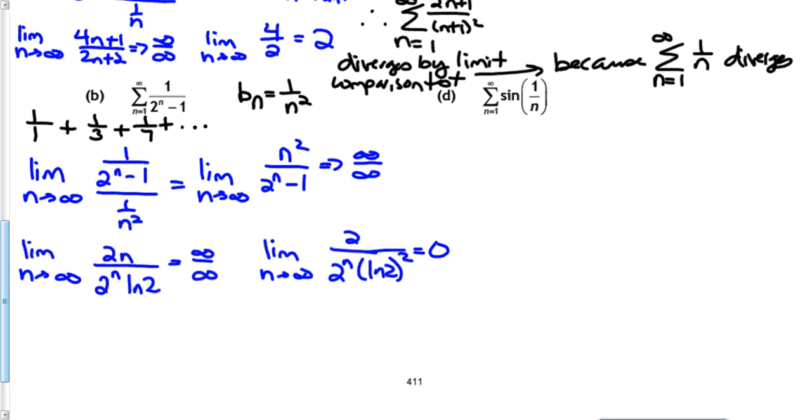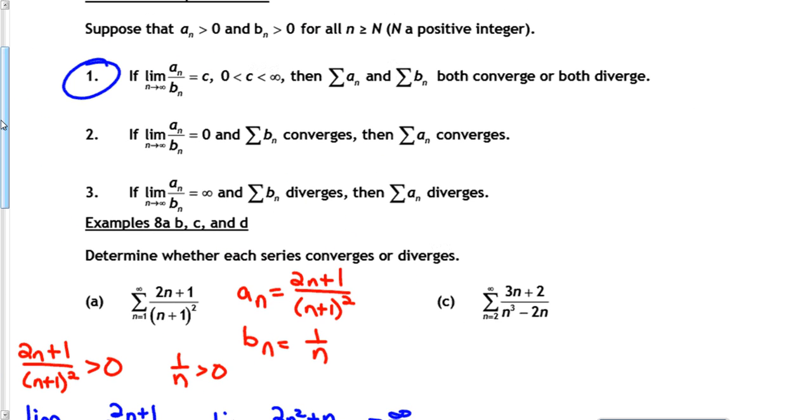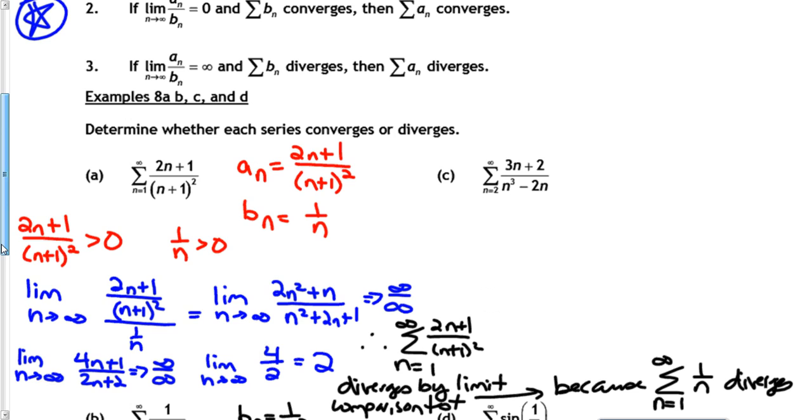So I'm going to scroll back up now to look at my test. I got that my limit was equal to 0. So I have this situation right here. I know that if b sub n converges, which mine does, that means a sub n converges.